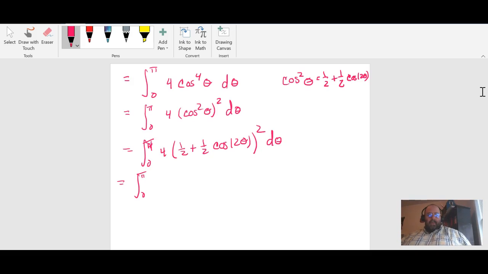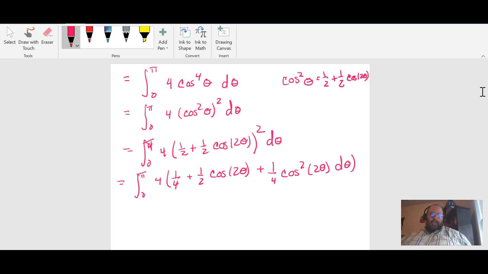So this is going to be a quarter. Half times a half is a quarter, times 2 is back to a half, cosine 2 theta, plus square that, it gives me a quarter cosine squared 2 theta d theta, is the result of the expansion.